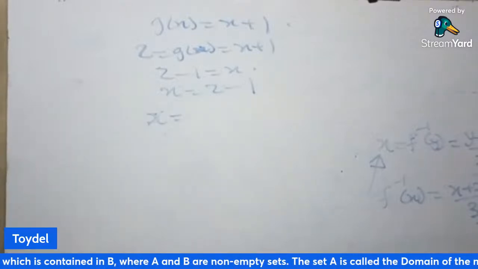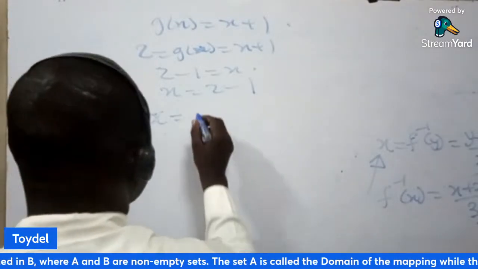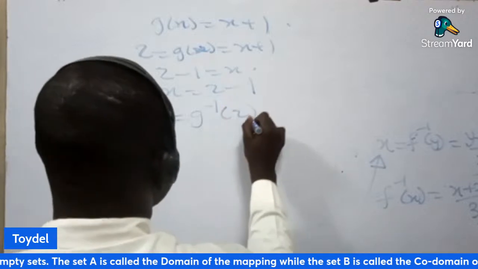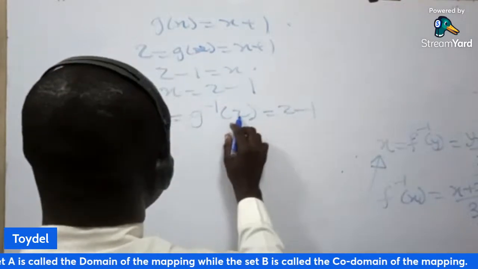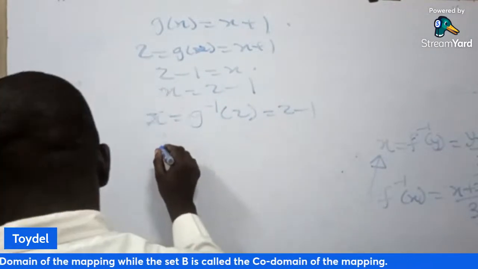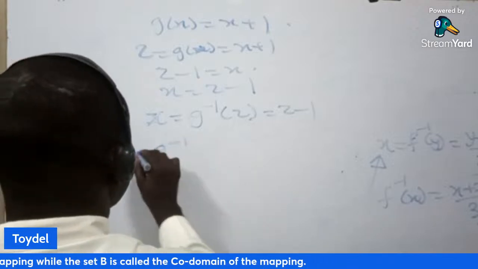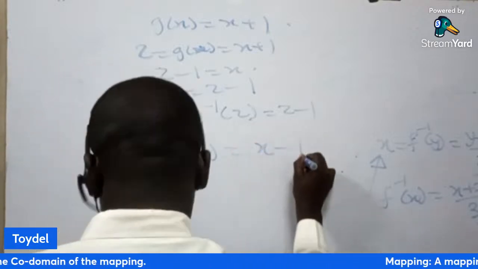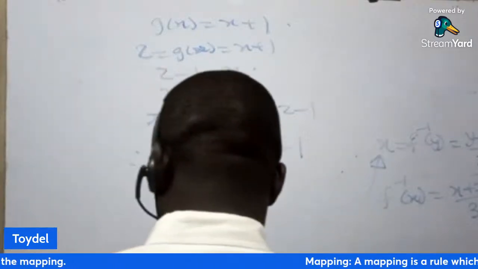Here now, x will give us g inverse of z, which is equal to z minus 1. Let's represent everything as x, so that g inverse of x will now give us x minus 1. That's what we are going to get.